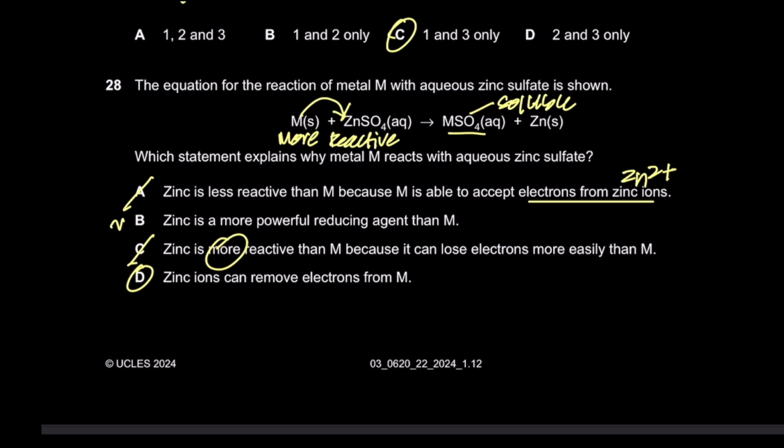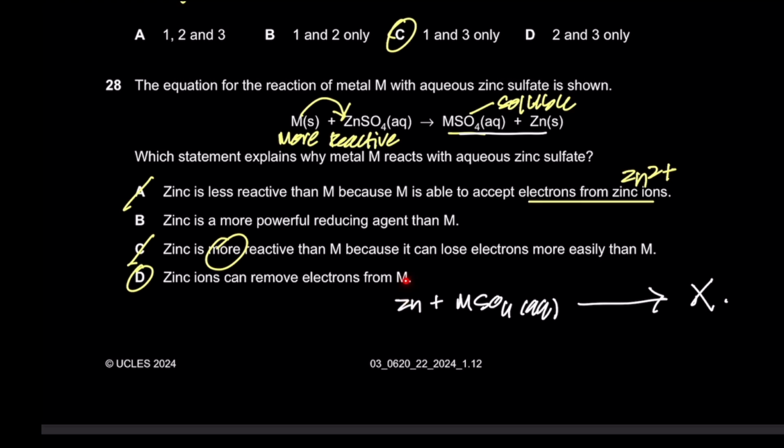Now, why is B wrong? You might think, why is this B wrong? Well, it says zinc is a more powerful reducing agent than M. If I write this equation, with the products that have been formed, zinc plus MSO4 aqueous, will there be any reaction taking place? No. No reaction. Why? Because this metal is more reactive. So zinc is not a more powerful reducing agent. It is a less powerful reducing agent than M. What do we mean by reducing agent?